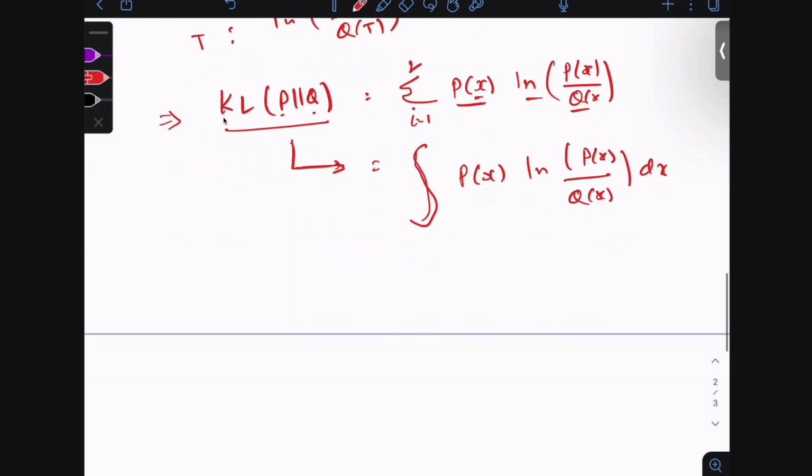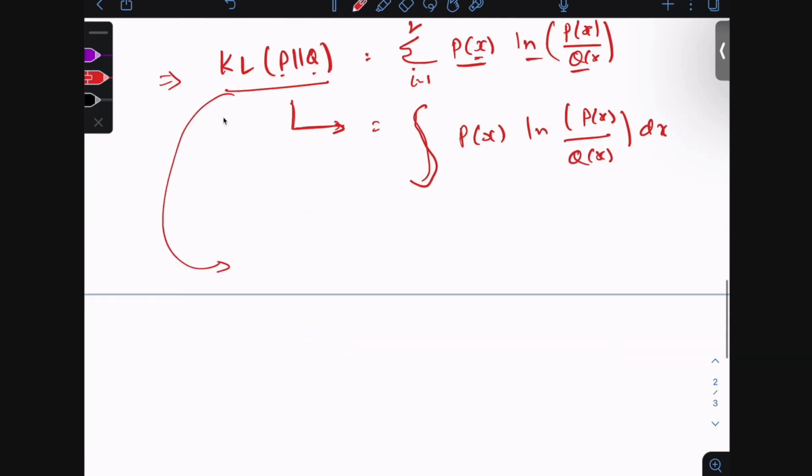So in case of a binary discrete problem, how will our formula look? Let's say I'm shortening this as P, okay? So P ln P by Q plus, what will be the formula? The tail will be 1 minus P, right?